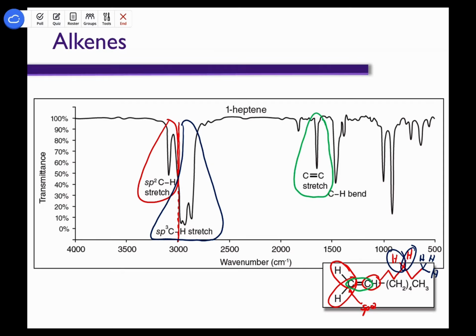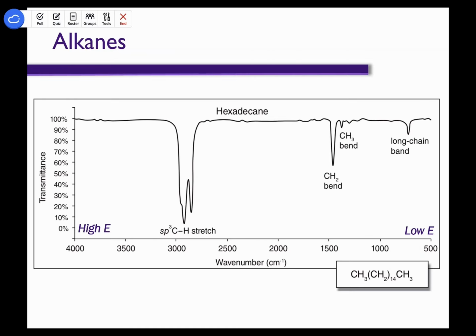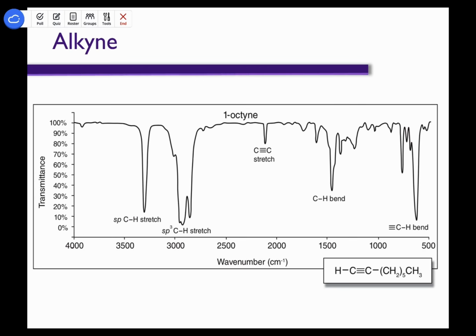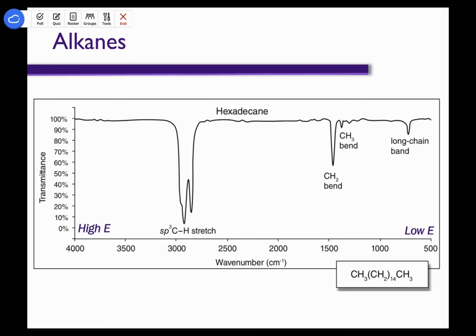Okay, so alkene had that extra sp2 carbon hydrogen. Alkane didn't have that. Now we're going to go to alkyne, and I'm going to flick back and forth. Alkane, alkyne, alkane, alkyne.